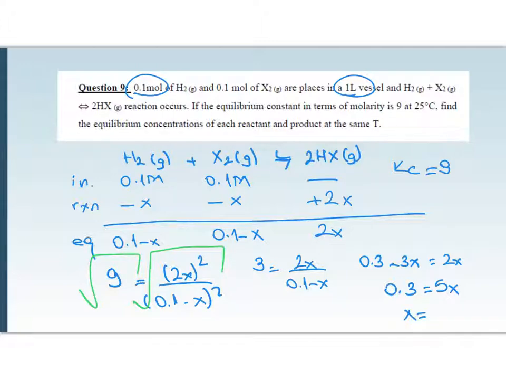You're going to find x as 0.06 molar. If the equilibrium concentrations are asked, please do not forget to put x in its place. The answers will be 0.04 molar, also 0.04 molar, and 0.12 molar. Now you can check yourself: do products over reactants, and you will see that this is really equal to 9.